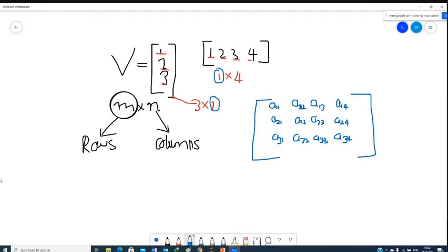We denote the transpose of a matrix by a capital letter T.